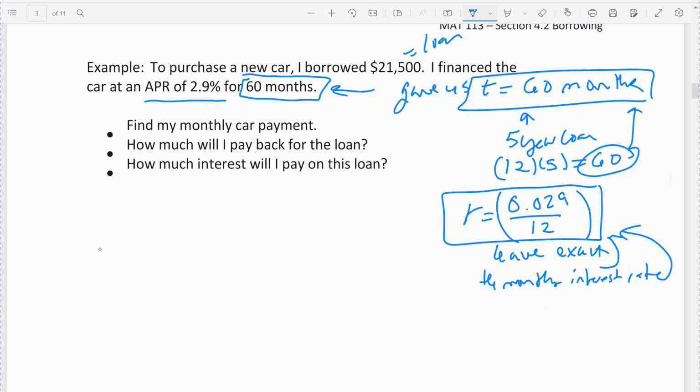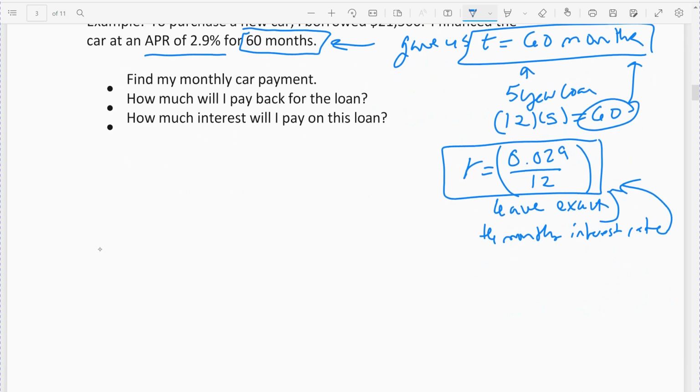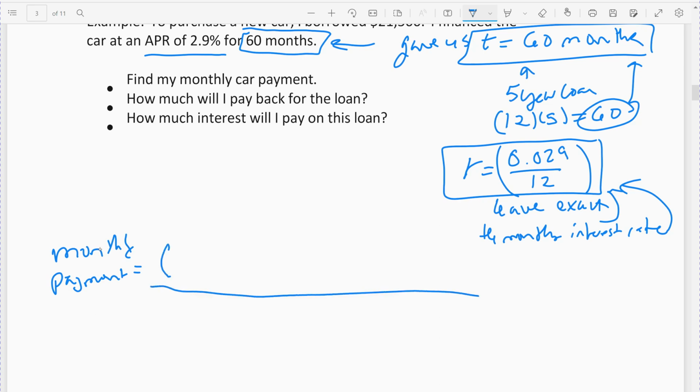Alright, so now we're going to fill out the formula carefully this time. Our monthly payment, so we're going to use the monthly payment formula. Up top is our loan amount, which was $21,500. That's how much we borrowed for our car. For r, this time we leave it as the fraction, so I encourage you to put parentheses around the fraction.